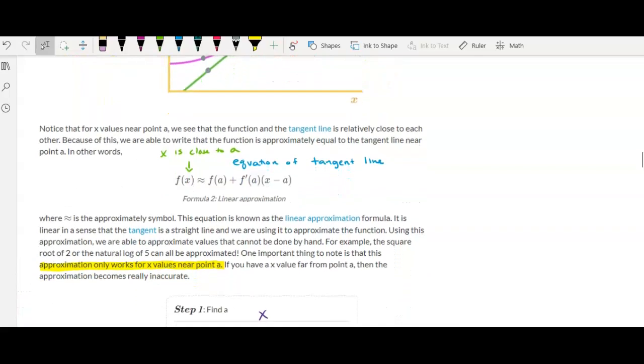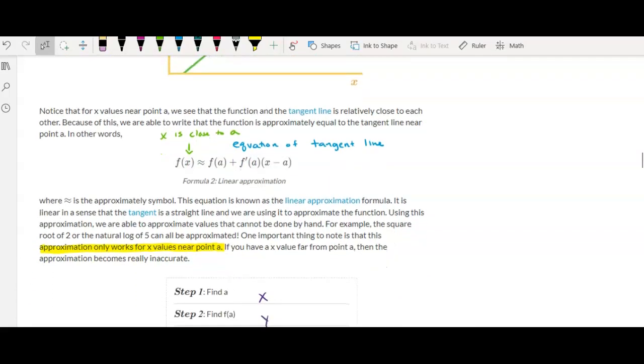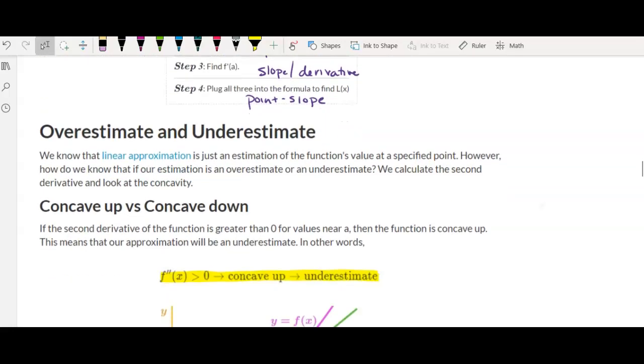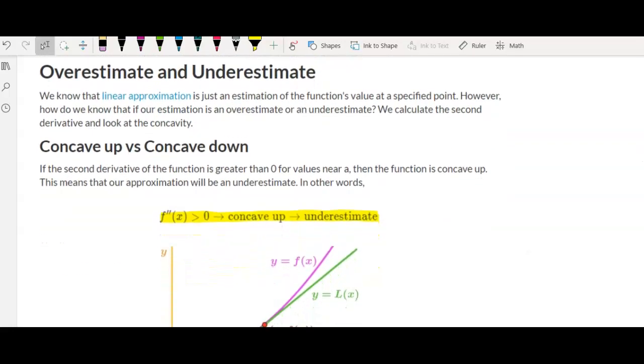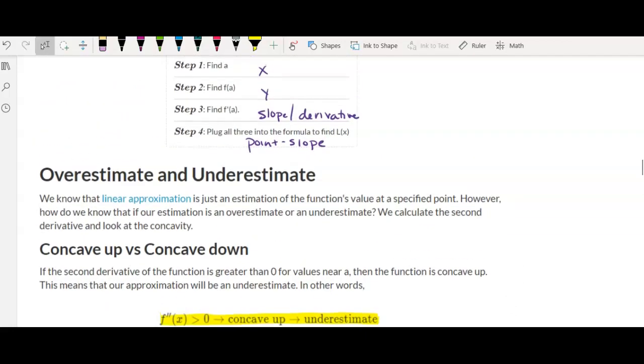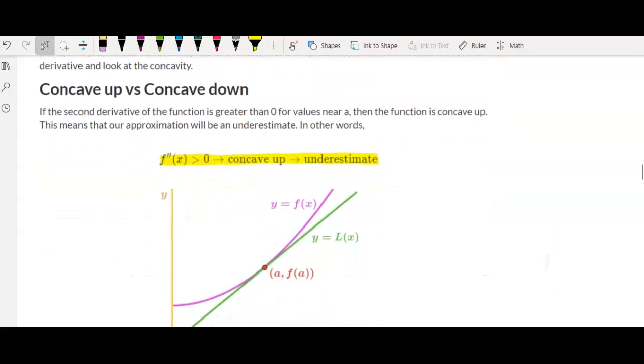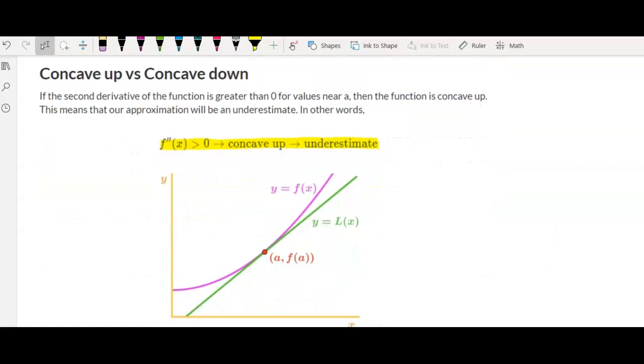But again, it's just an approximation. Linearization is always an approximation, and we always use the equation of a tangent line at the point of tangency to estimate the y value at a nearby point. So to determine whether it's an over approximation or under approximation, we look at the concavity. If the function is concave up, then in an extreme case, we would have an underestimate.